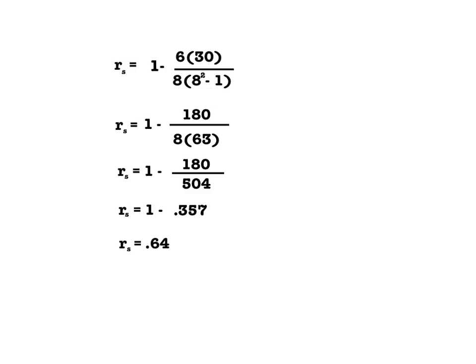So 8 squared is 64 minus 1 gives us 63. So if you look down here, that's the step I've done here. 8 times 63 is 504. So in the third step, I have 180 divided by 504, which gives me, in the fourth step, 0.357, which I have to subtract from 1, and my resulting Spearman coefficient is 0.64.